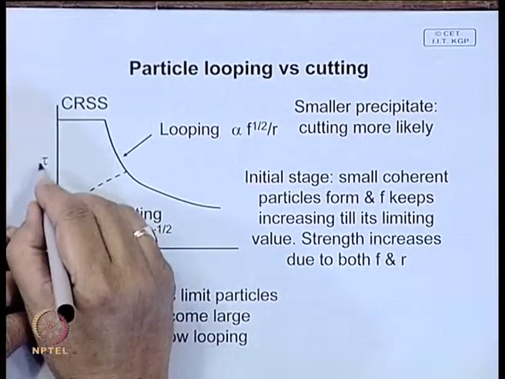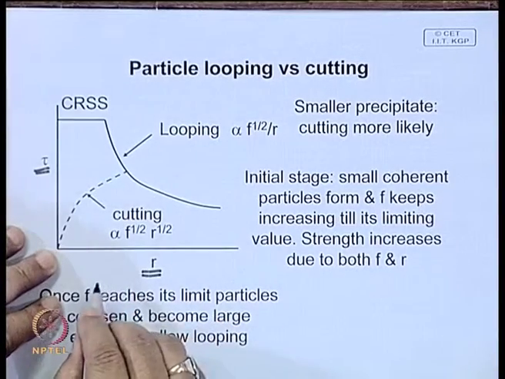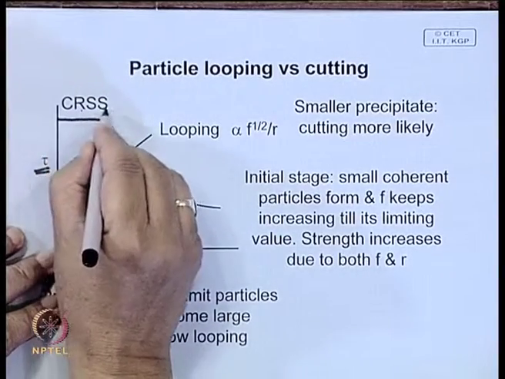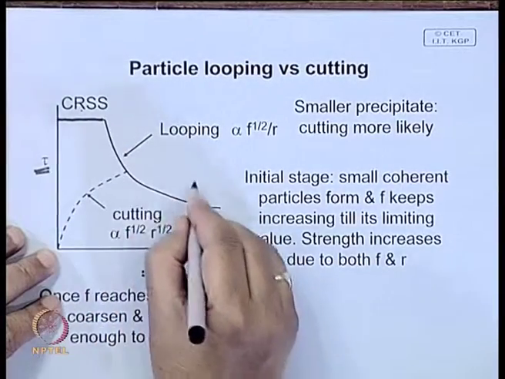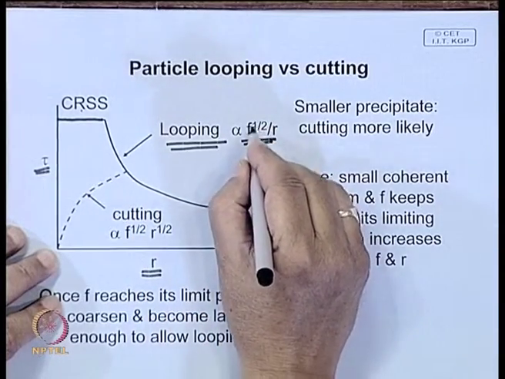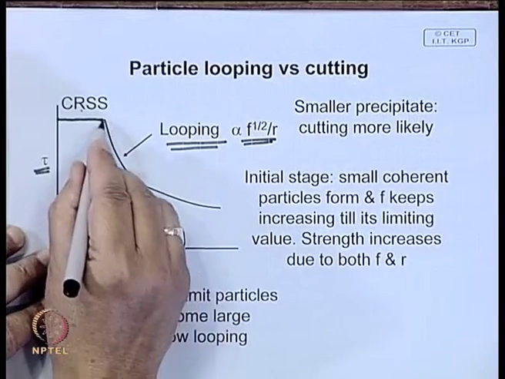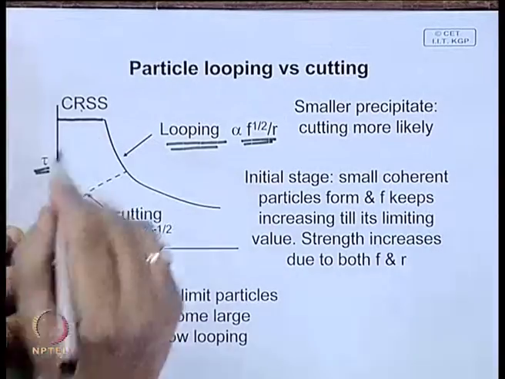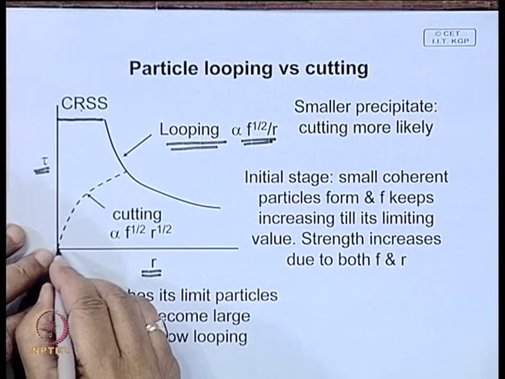This is a plot of the critical resolved shear stress against particle size. This is the ideal strength of the crystal, so this is the limit that you can have. This line plots the looping stress, which is proportional to root f over r, inversely proportional to r. Therefore, as r decreases, this goes up. When aging has just started, you do not have any precipitate.